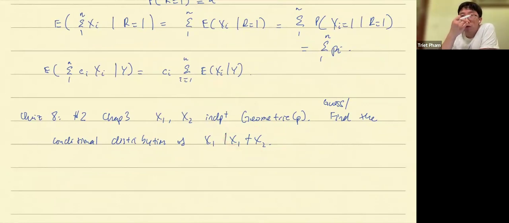First of all, what does X1 plus X2 represent here? If X1 and X2 are geometric, what is the distribution of X1 plus X2, and what does it represent?